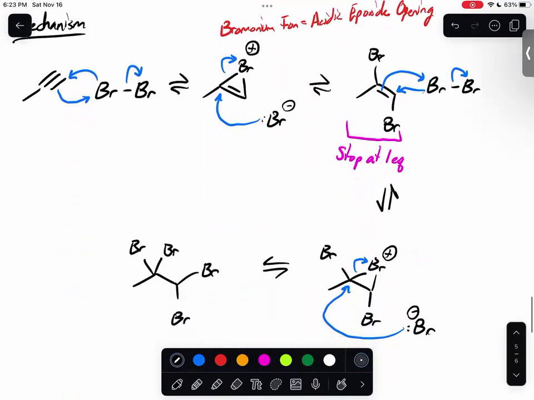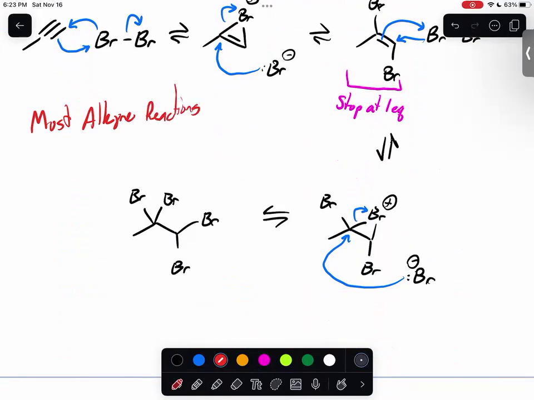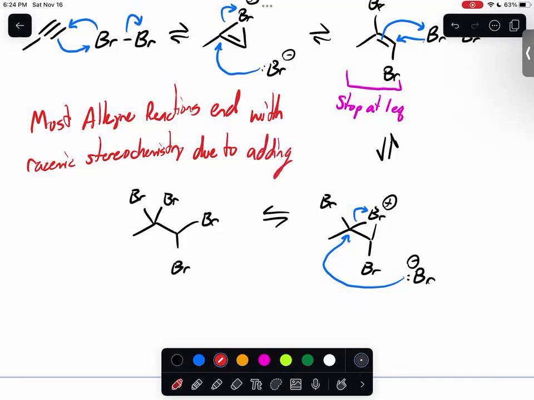Now, that being said, one very important thing that I want to stress about alkynes is that most alkyne reactions end with racemic stereochemistry due to adding two of the same thing.